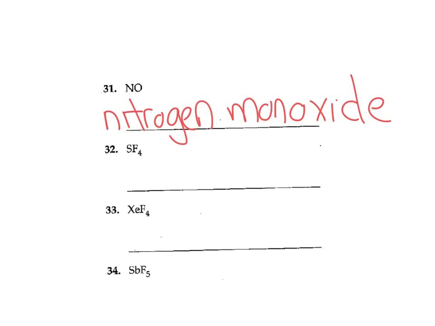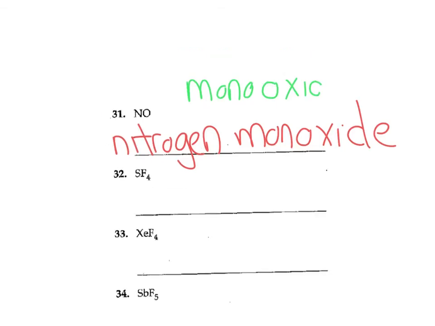I think it's worth noting that with a few of these, we adjust things. Monoxide. Oops, sorry about that. If we had monoxide and we didn't drop one of these O's, it would be monoxide, which is a little weird.